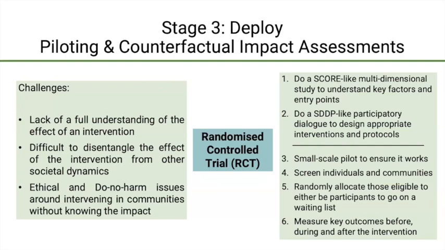So did the intervention that was supposed to resolve food insecurity issues have a much stronger effect among those communities who received the intervention compared to those who didn't? Did it solve the problem in one group and not the other? And of course, what you need to do as part of doing an RCT is measure the same key outcomes before, during, and after the intervention.